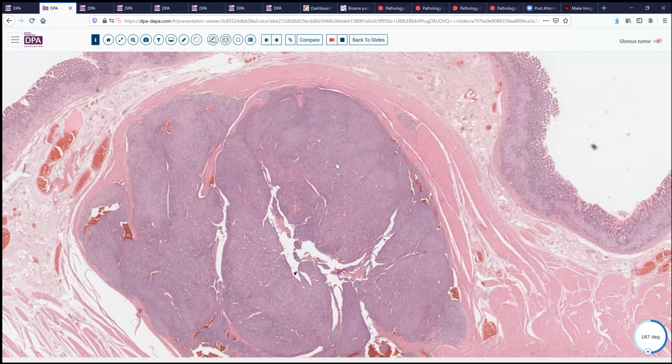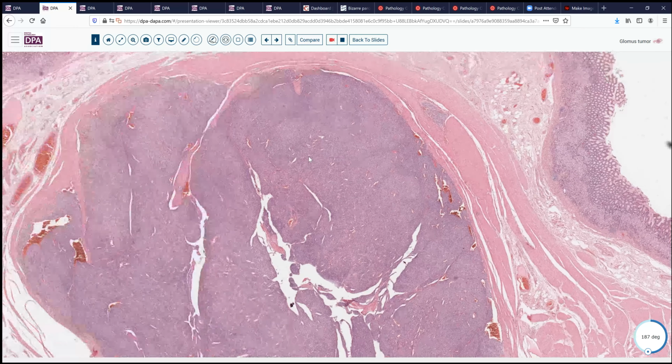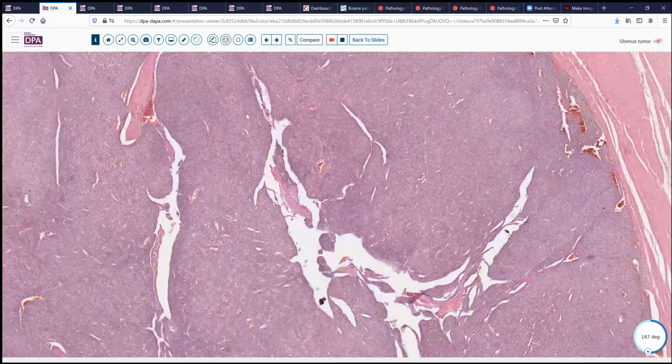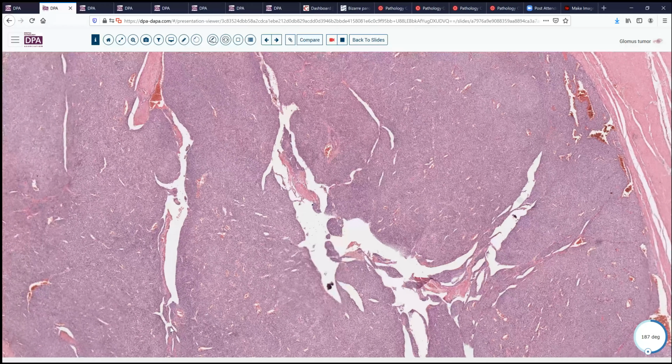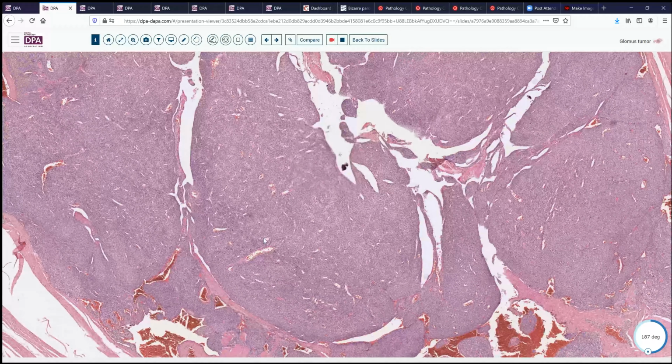As we look at higher magnification, we see that the number of nuclei must be relatively high to the amount of cytoplasm, given its slightly bluish or purple appearance. We should note these cleft-like spaces here and recognize that those are not just an artifact of fixation or sectioning.